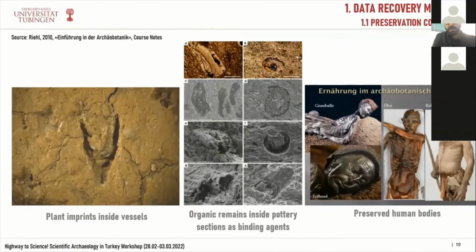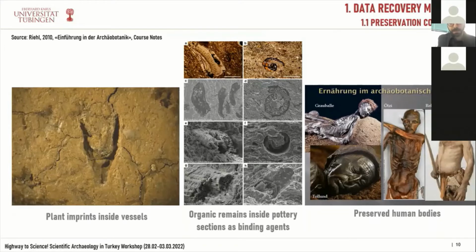But there are also many more places where we can find plant remains. For example, you can see them as imprints inside vessels. Or if you cut the vessel, you can find different organic remains which were used as binding agents.